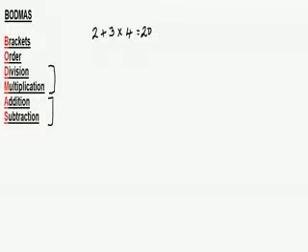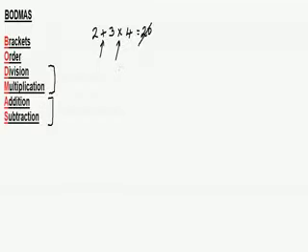99.9% of the population will do that. Unfortunately, this is wrong because we have two operations in here. We have an addition and a multiplication, and you can see that multiplication is more important than addition.